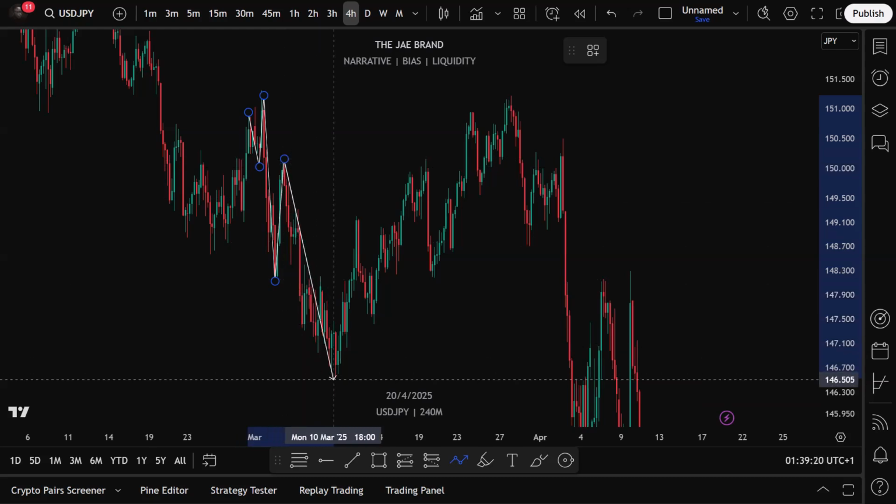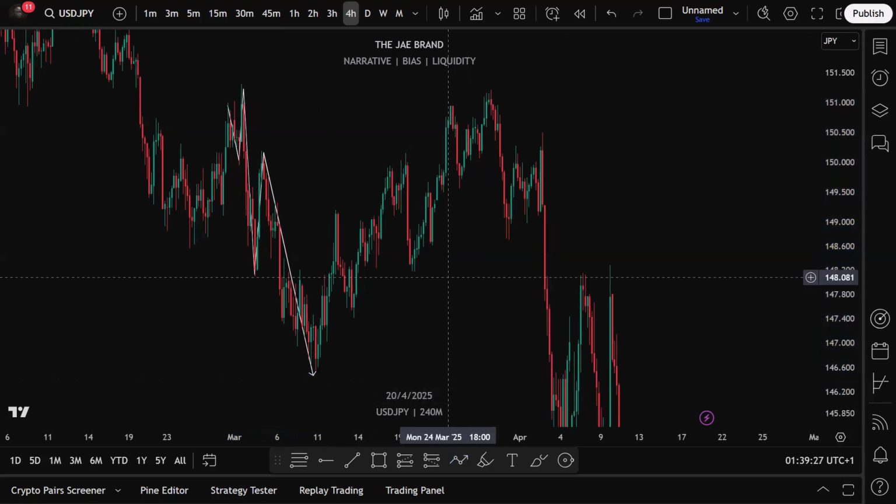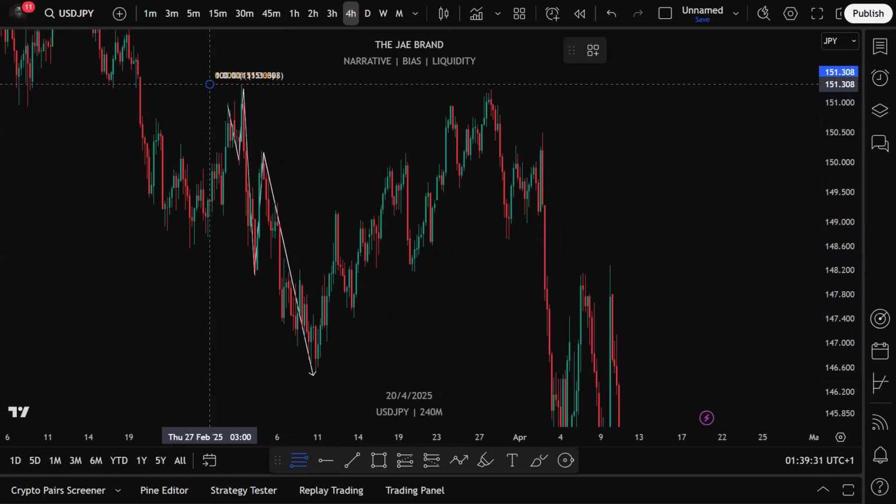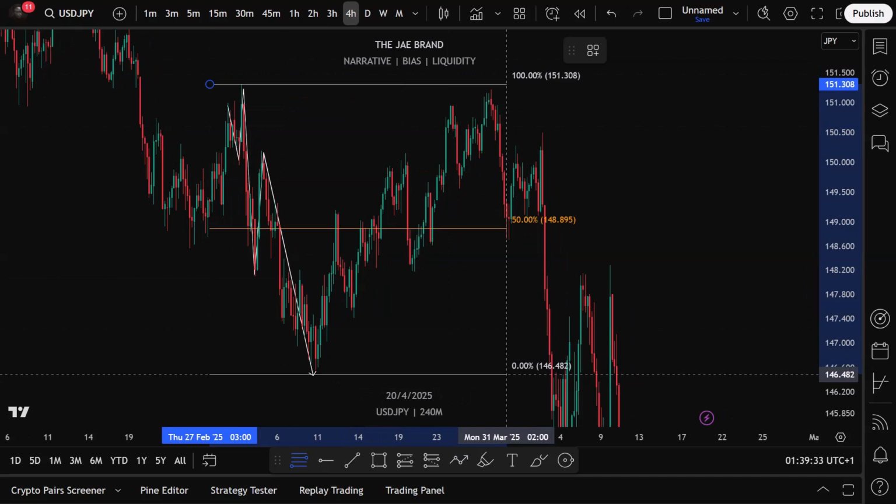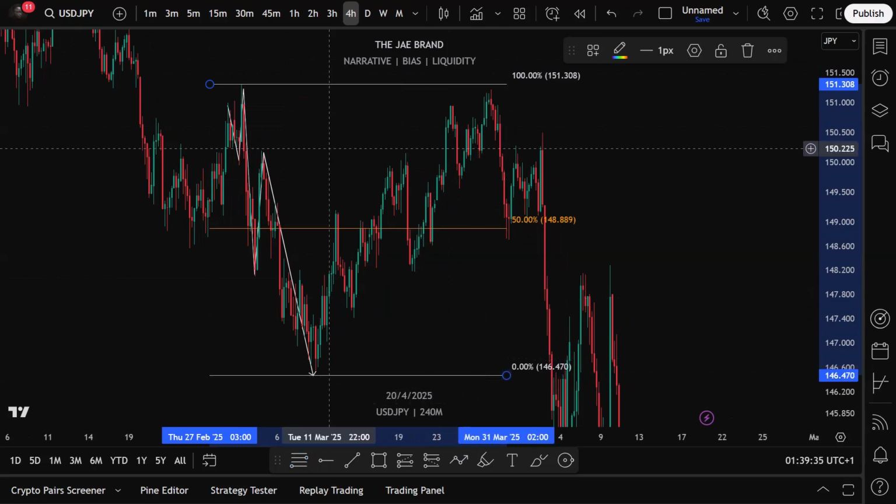Break of structure, you can actually term as transactional liquidity. Now this is our complete swing structure, right? This is our complete swing structure here. And we want to always take our sell entries, especially for a sell model, around the premium area.